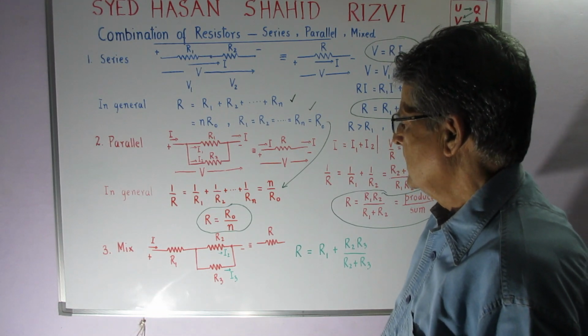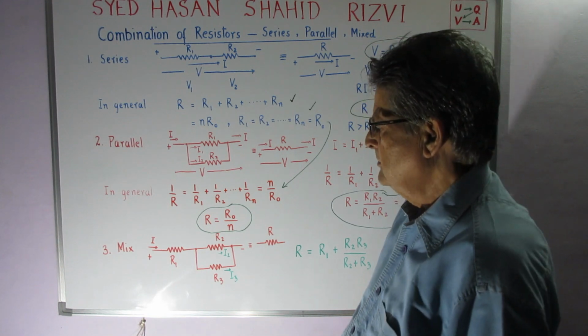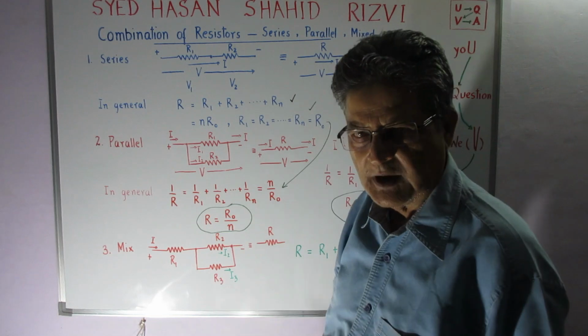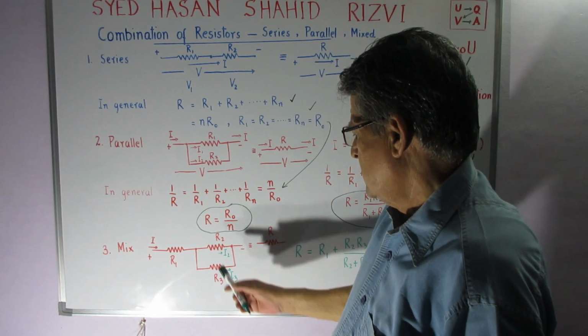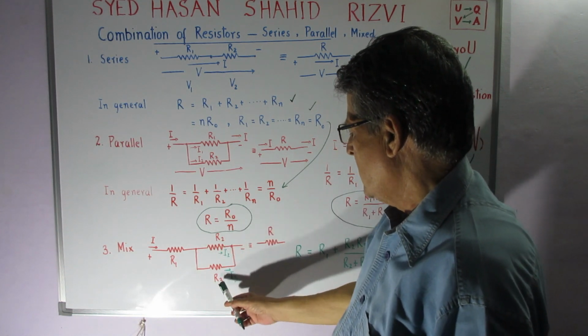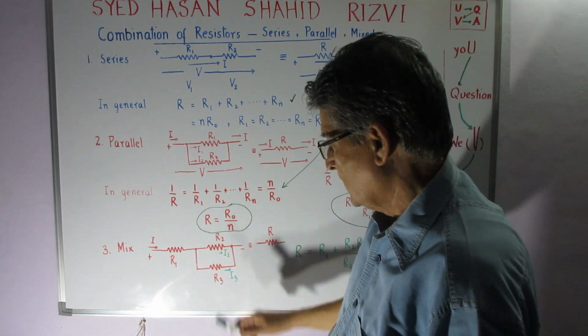Okay. Now we wind up by taking the simplest case of mixed combination, where we have 3 resistances R1, R2 and R3. Please don't say that R1 and R2 are in series.